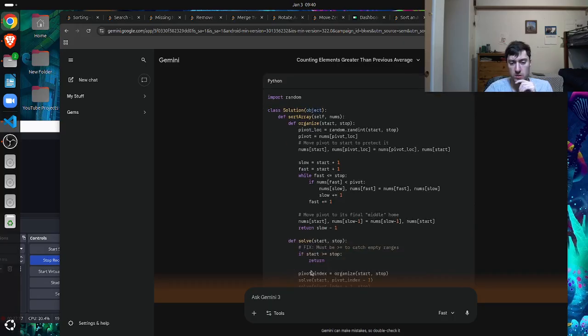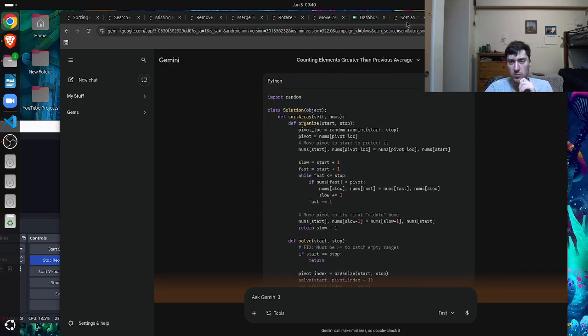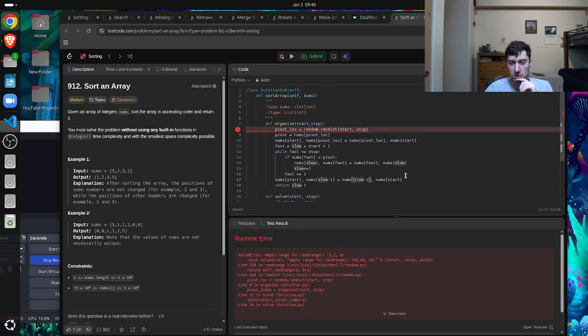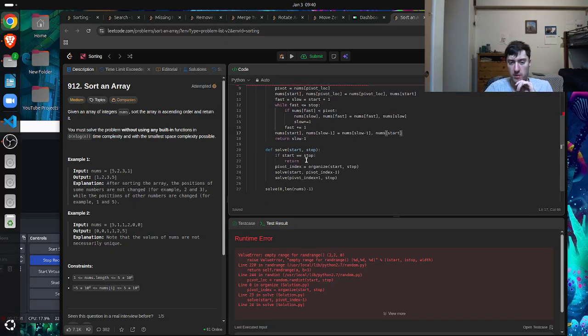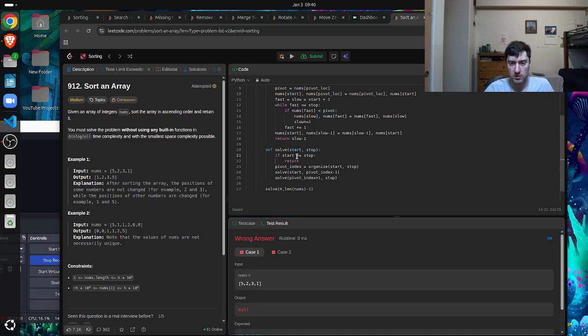So here, but I'm not understanding why that would be. There's two questions that I'm having. If we have two indexes here, right? So it's saying if start is greater than or equal to, kind of like this, I think. But why do I need that greater than? Oh, and we get wrong answers anyways.